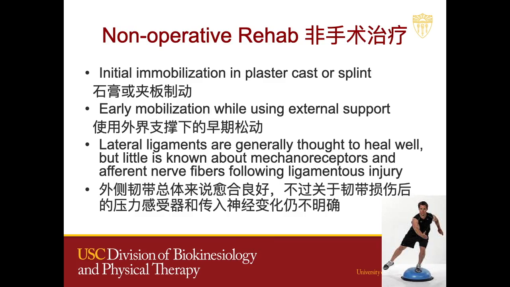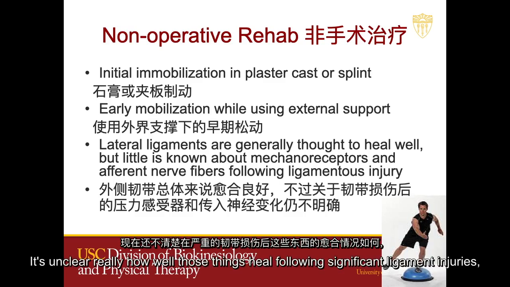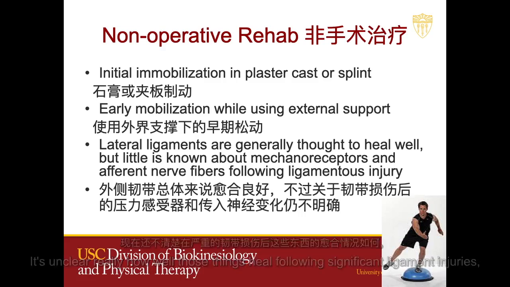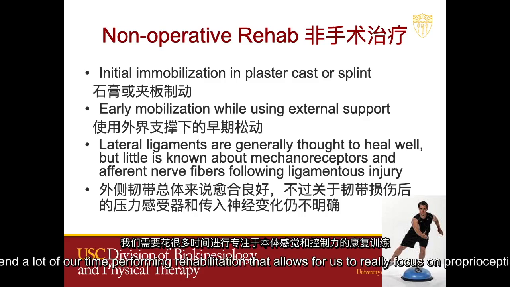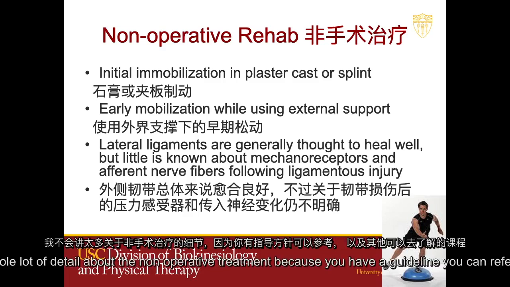It's unclear how well those things heal following significant ligament injuries. So we have to spend a lot of our time performing rehabilitation that focuses on proprioception and control. Again, I'm not going to go into a whole lot of detail about the non-operative treatment because you have a guideline you can refer to and other classes that you can go to.